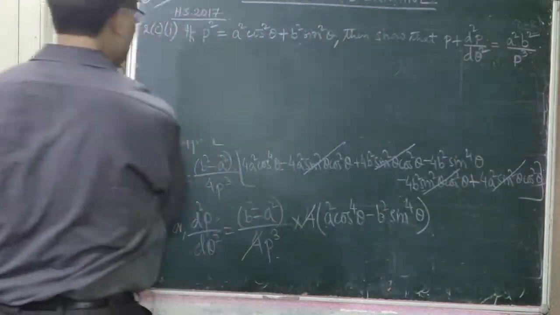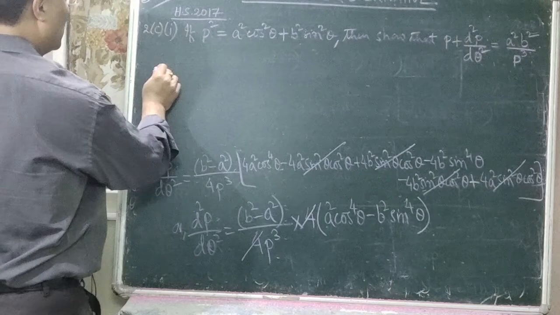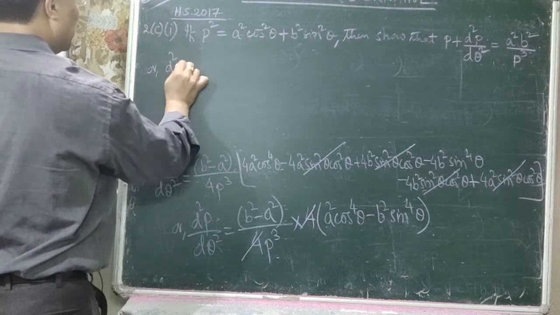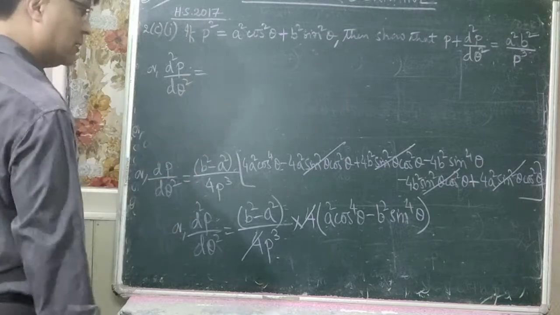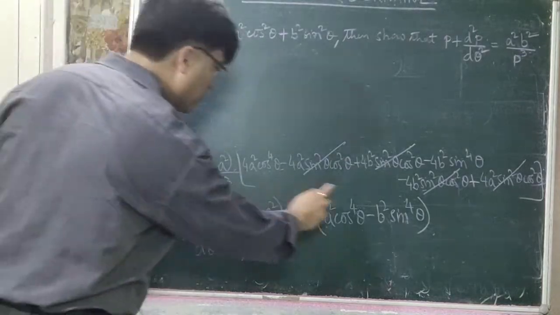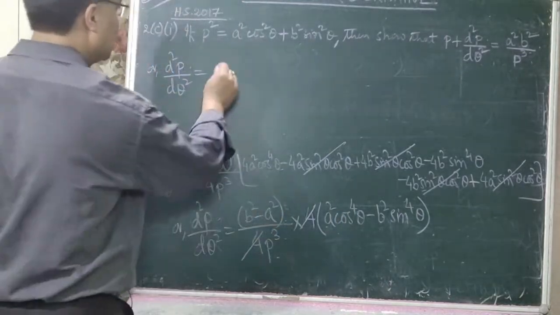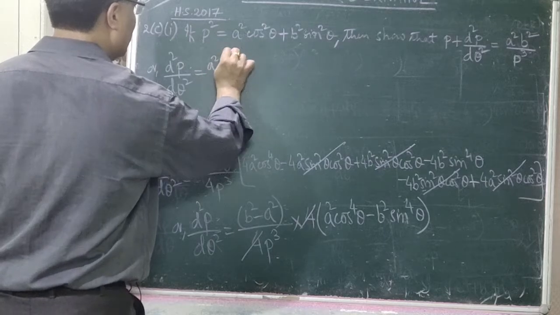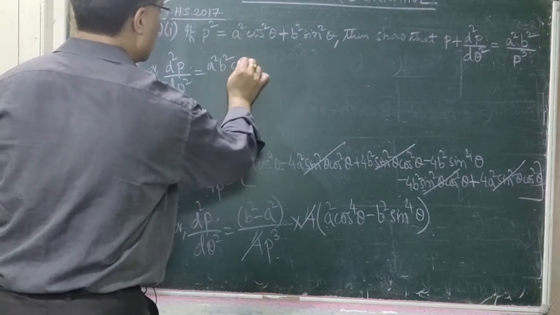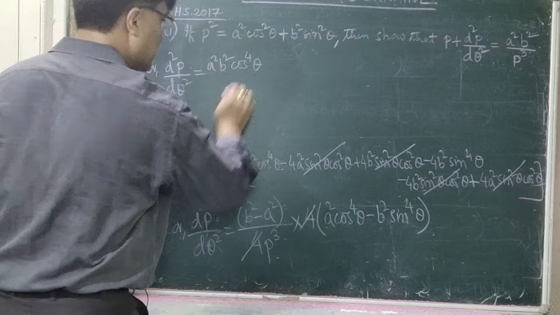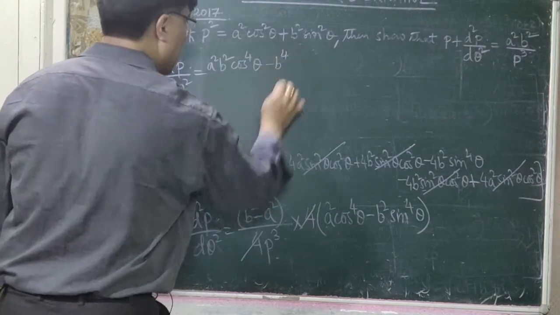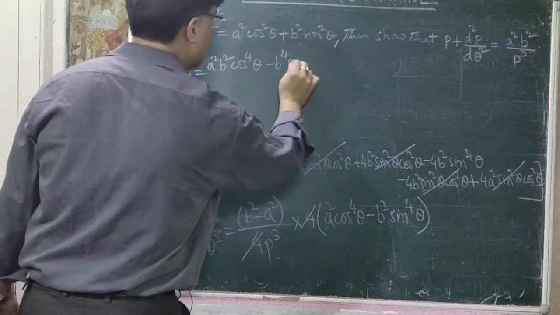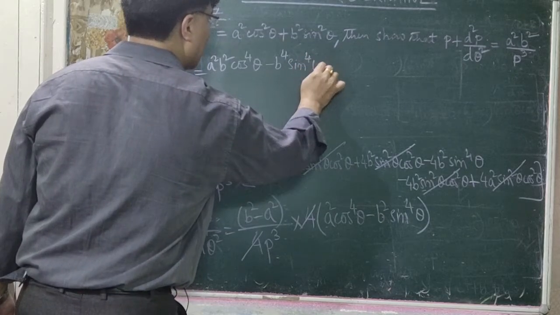So what are the remaining terms here? d²p by dθ² is equal to, now you can multiply it. That is a²b² cos⁴θ − b⁴ sin⁴θ, right?